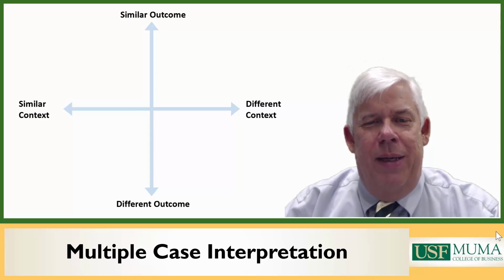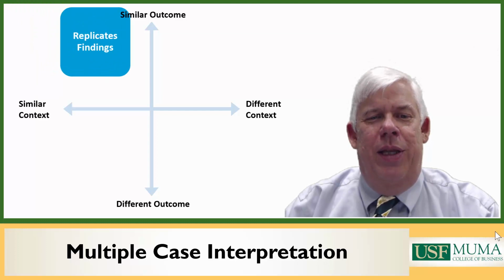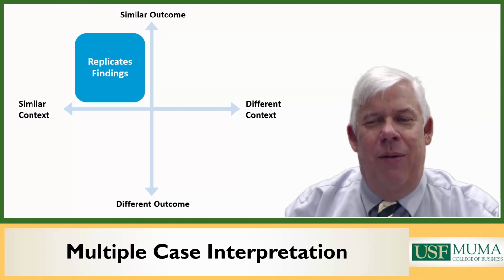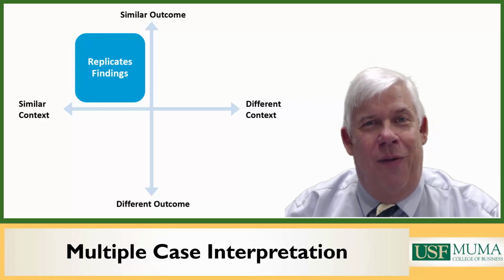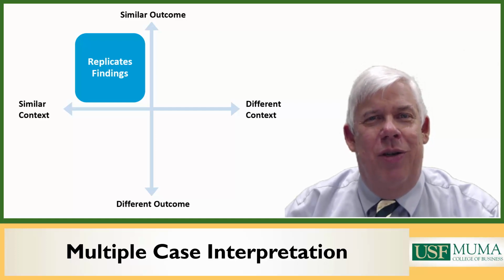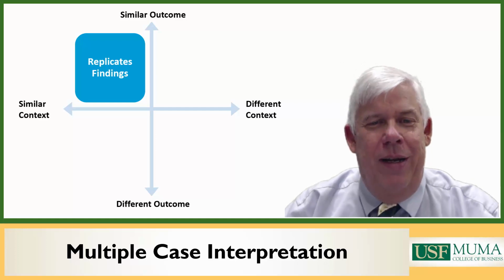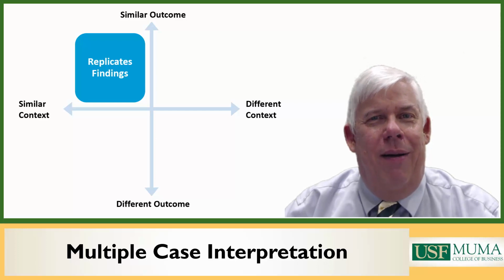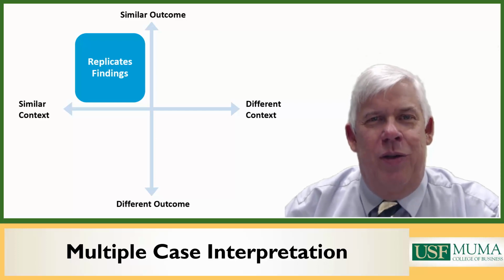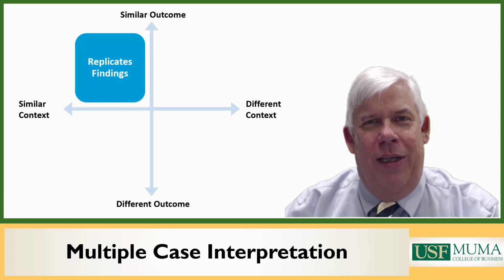So if we do the similar context and come up with similar outcomes, then what we've done is we've replicated the findings of the first case with the second case. Given that business research really doesn't replicate that often, that's probably a useful finding, though not necessarily a very exciting one.